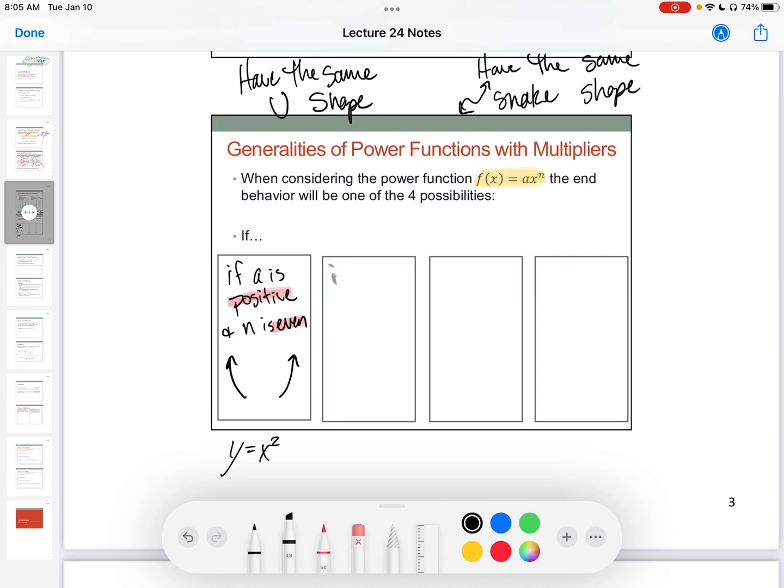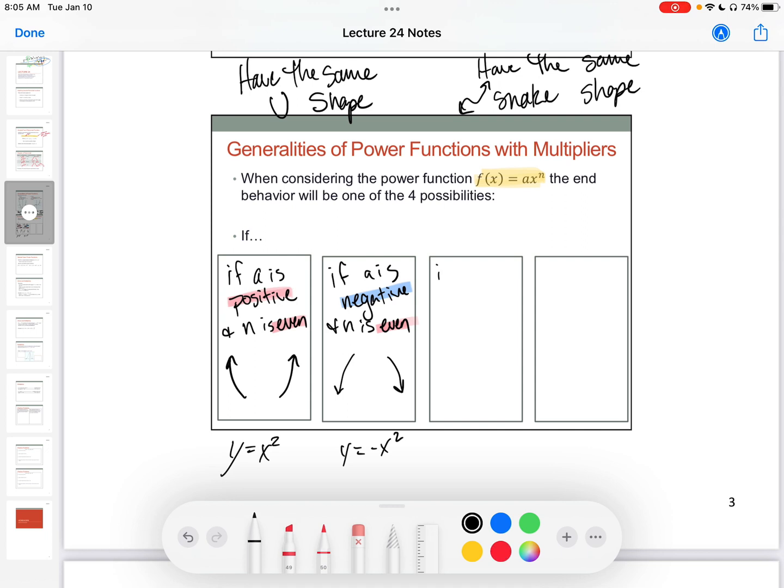Next, if a is negative and n is even, that would be something like y equals negative x squared. Well, we know that negative just makes that parabola flip, so the end behavior would look like this. So now I've got a negative, but my n is even. So it just flips. Nothing too crazy there.